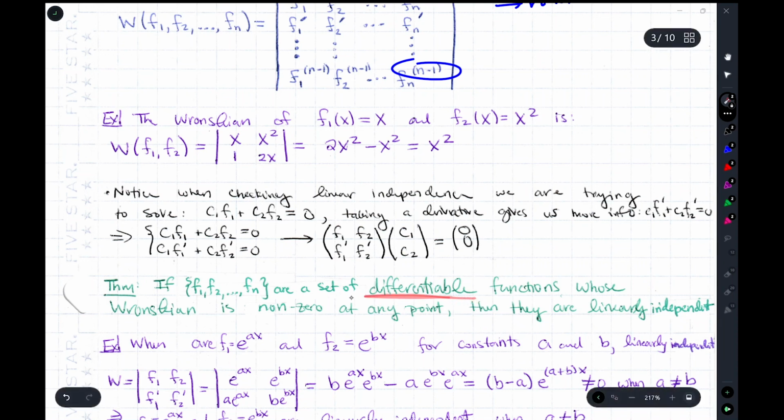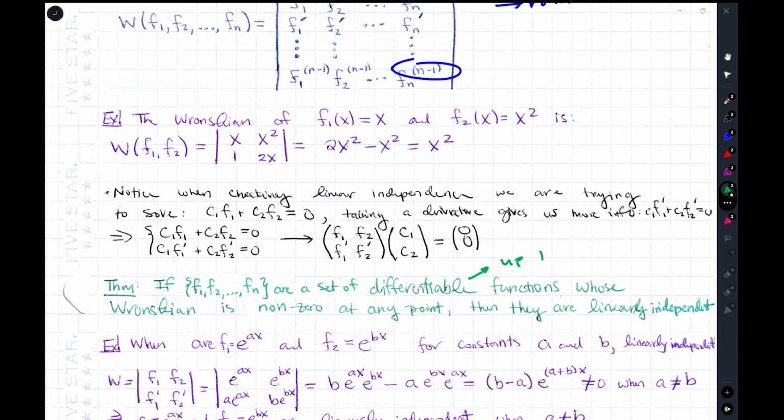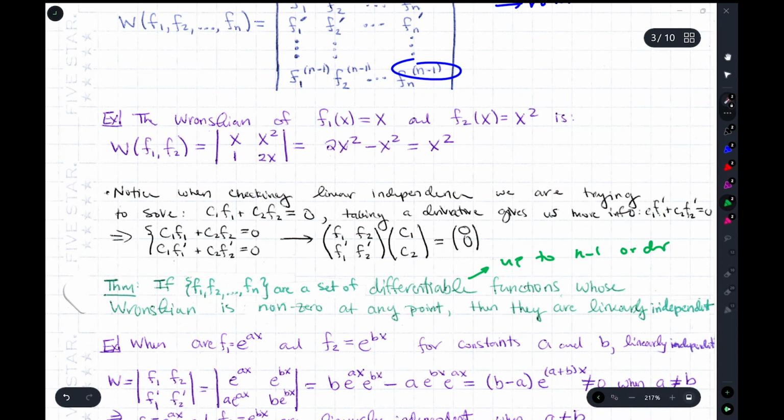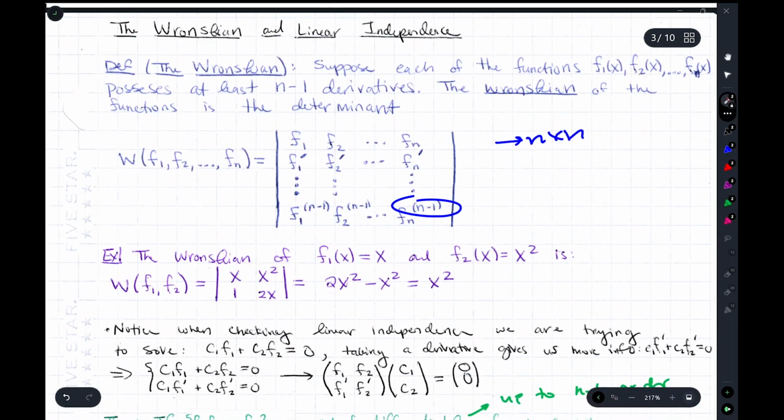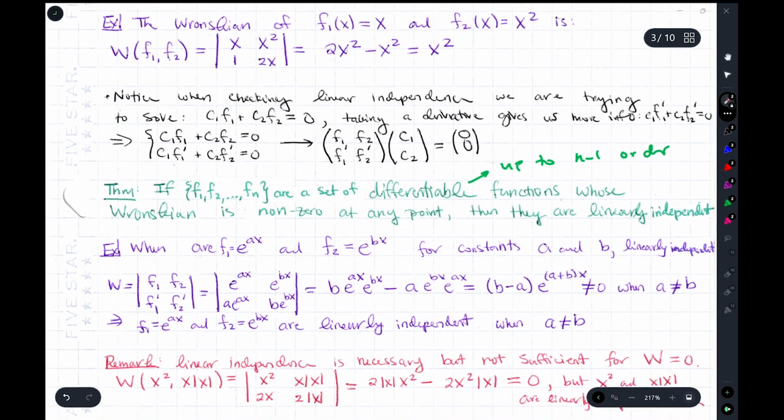And just to be clear here, this is differentiable up to n minus 1. Maybe it should be emphasized, because for the Wronskian you want derivatives up to n minus 1.